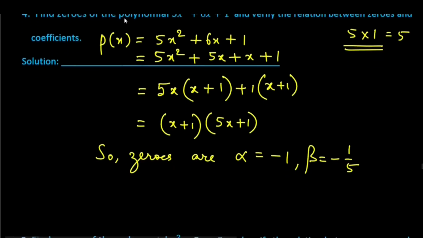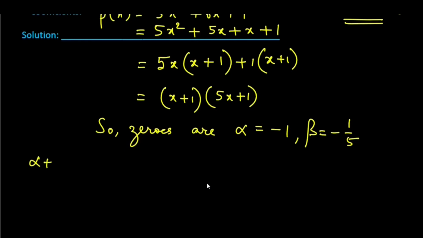Now let us check the relation, alpha plus beta. Alpha plus beta is equal to minus 1 plus minus 1 by 5. This is minus 1 minus 1 by 5.